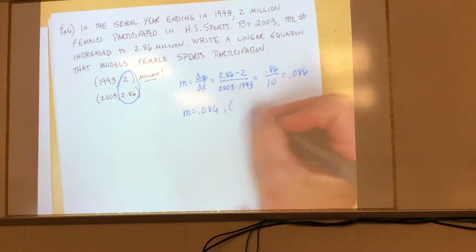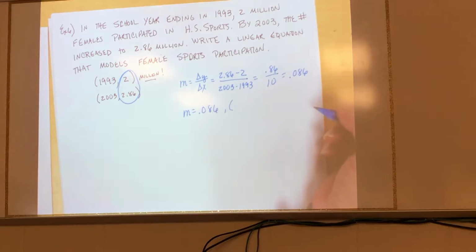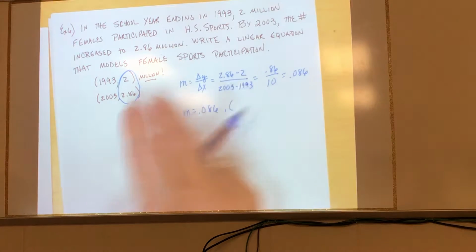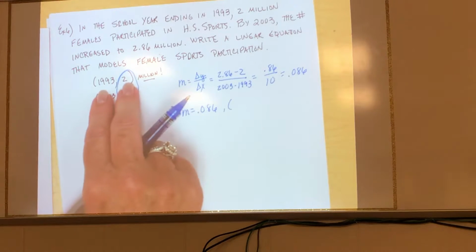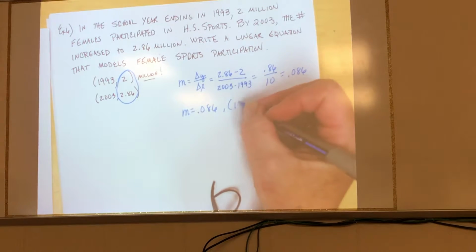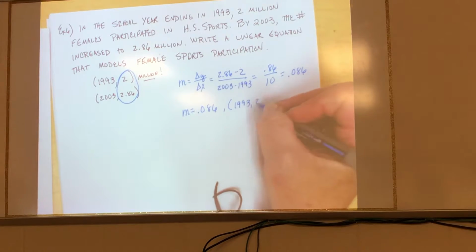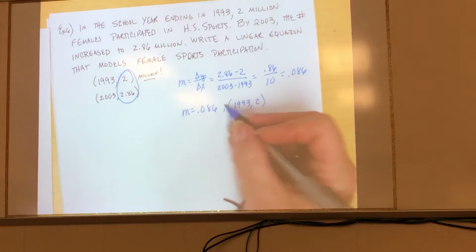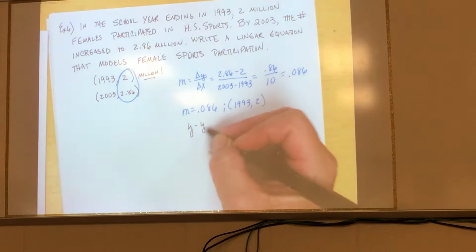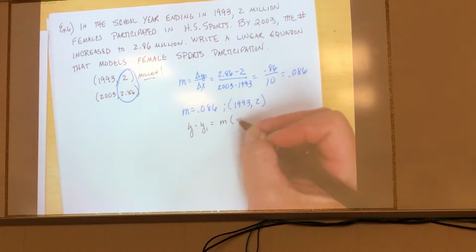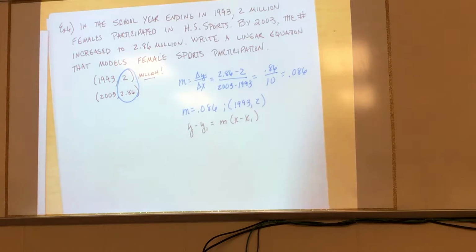So what point do you want to use? 1993, 2. Yeah, I'm using this one just because it's a cleaner point. This one has a decimal in it. I'm just going to use this nice little point right here. It doesn't matter. I just showed you that. So you could use the other one if you wanted to. Okay? So I am going to use the point slope formula. Y minus y sub 1 is equal to m times x minus x sub 1.